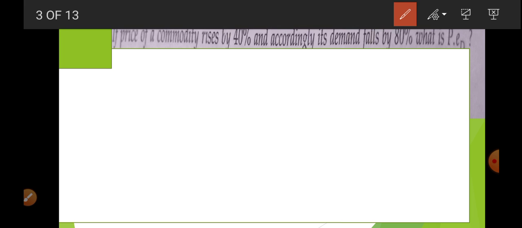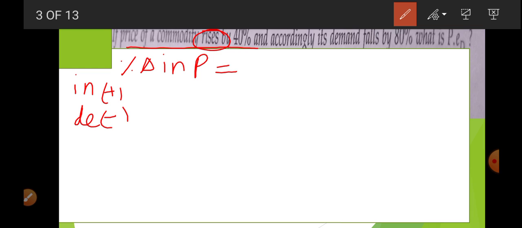So the first question is: if the price of a commodity rises by 40%, accordingly its demand falls by 80%, what will be the price elasticity of demand? What is given? Price rises by 40%, so the percentage change in price is, since it is a rise, for increase we use the plus sign and for decrease we use the minus sign, so the percentage change will be plus 40%.